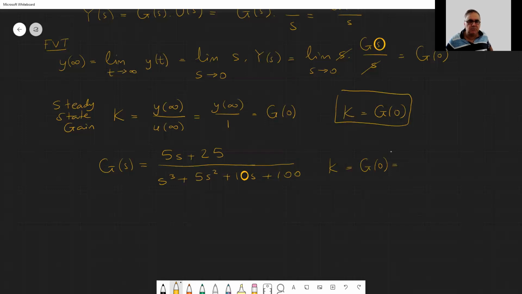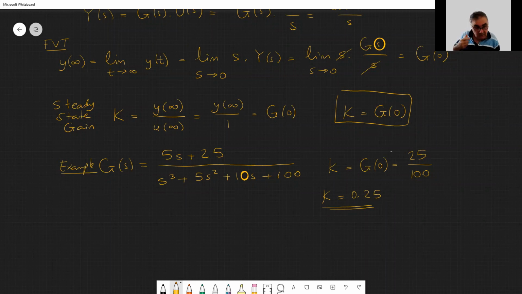You just substitute s equals 0 here. This will be 25 over 100. So the k in this system is 1 over 4 or 0.25. This is an example. So the concept is quite simple.